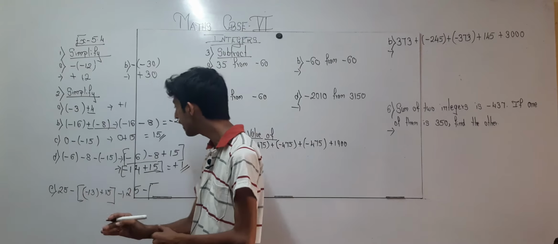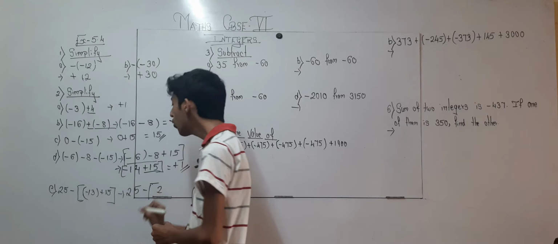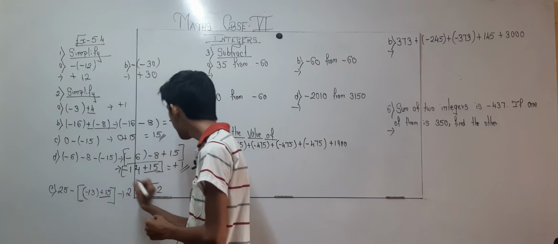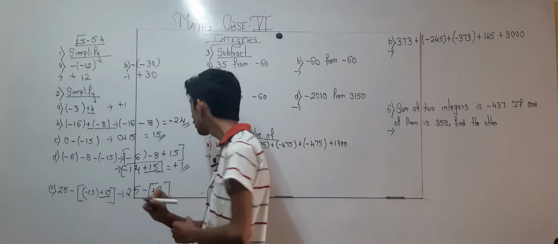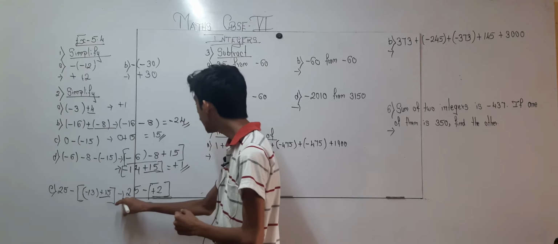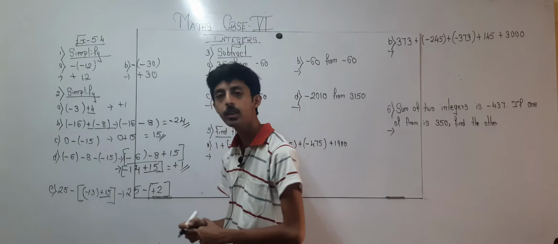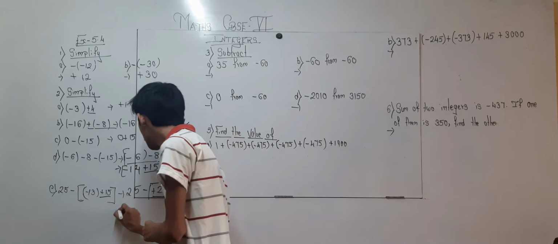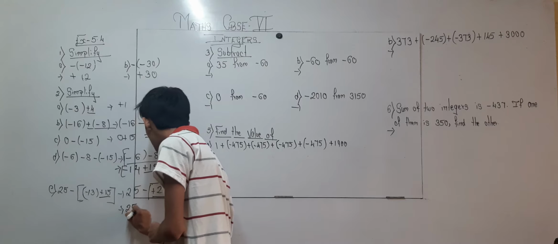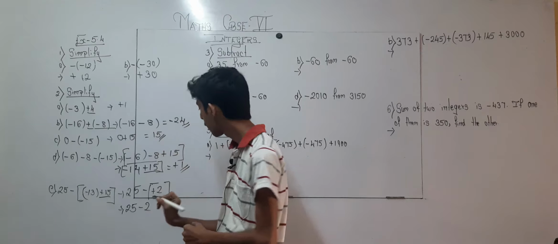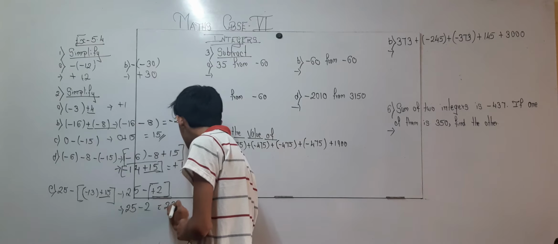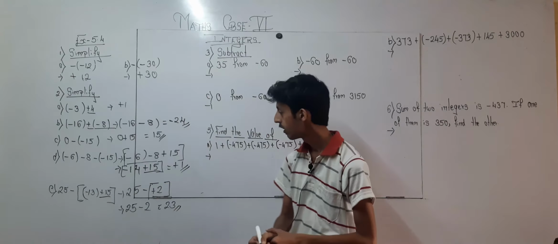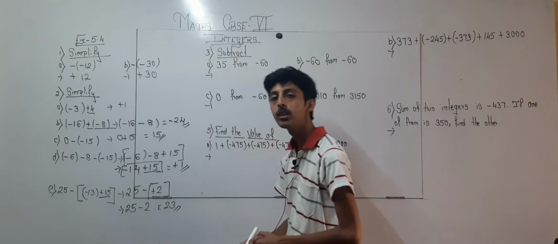So 15 minus 13 will give me 2 and the greater sign is plus. So plus 2. Now over here 25 plus minus plus will give me minus. So 25 minus 2 will give me 23.